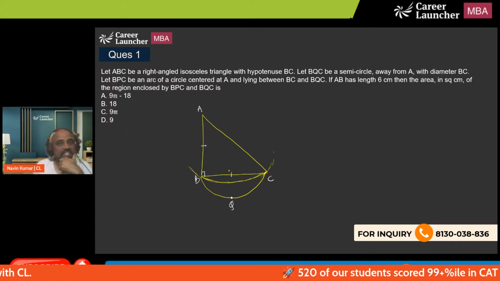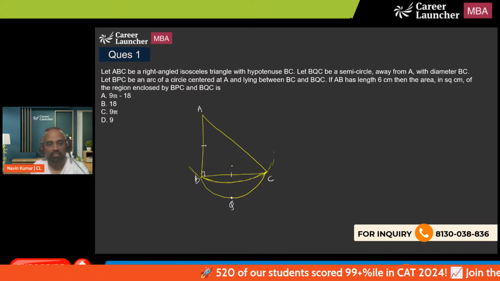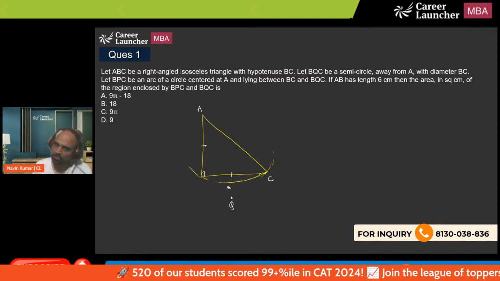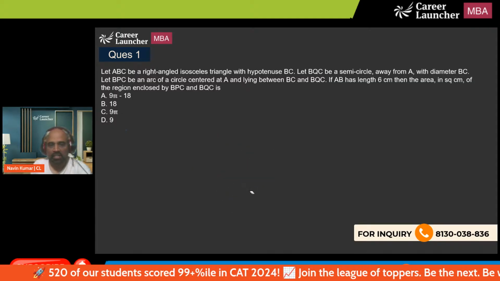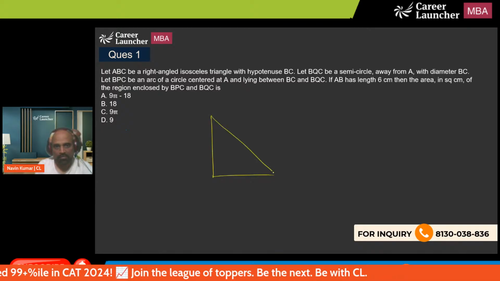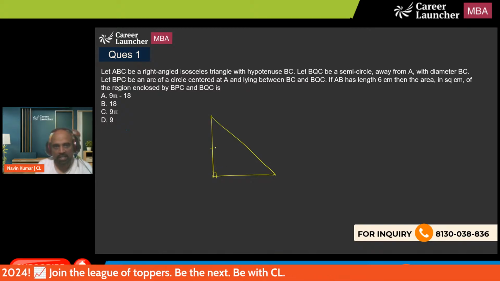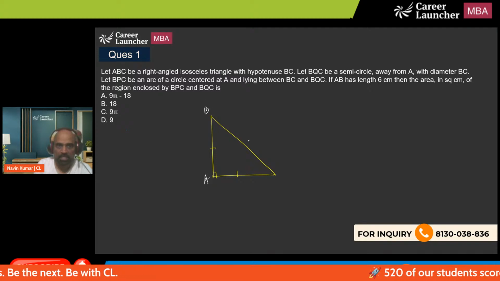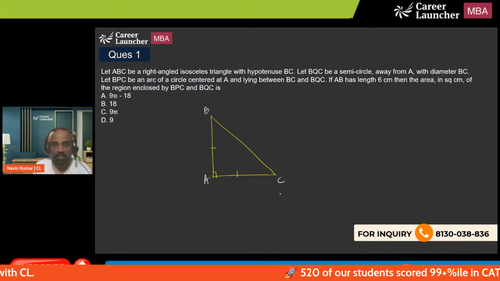Okay, the thing is, the hypotenuse is BC, so that's why I was confused. Okay, let's redraw. So we have a right angle isosceles triangle, which is ABC, where BC is the hypotenuse.